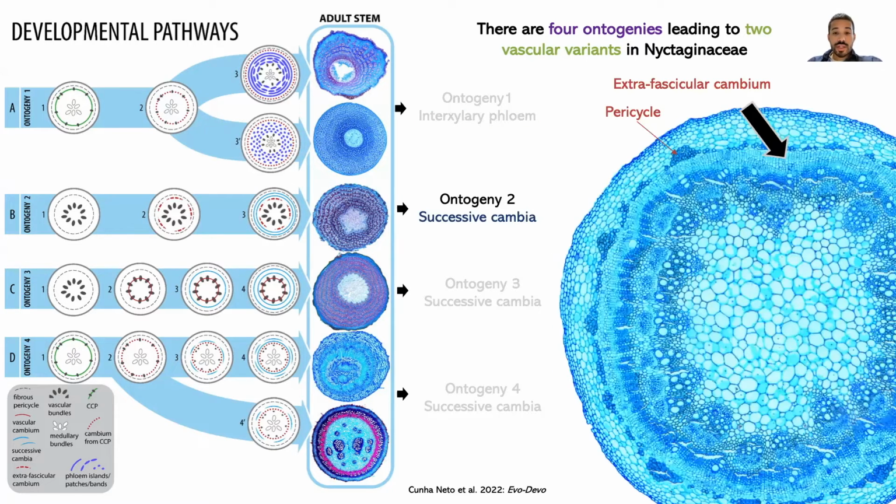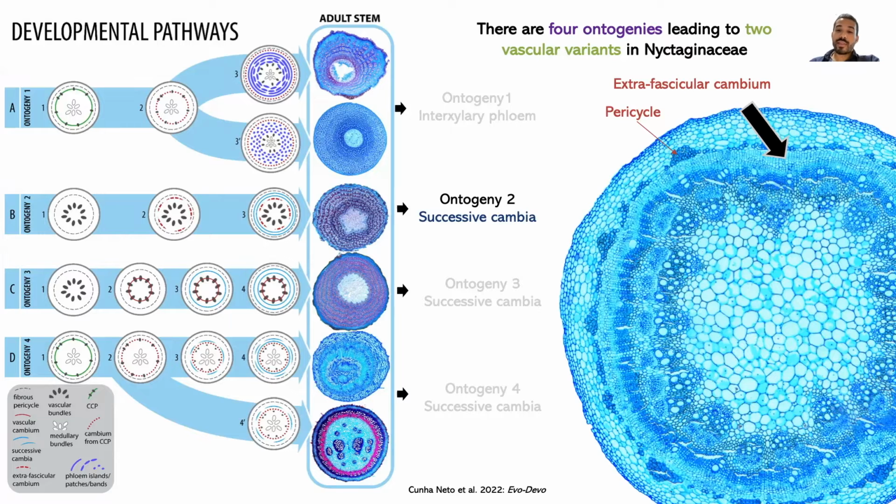The second ontogeny is classified as a type of successive cambia. In this case, stem ontogeny initiates with a regular eustele. So there are no medullary bundles in the pith. However, unlike most woody plants in which a vascular cambium would arise from the procambium of the vascular bundles of the primary vasculature, here we have a case of extrafascicular cambium, because that first cambium arises externally to the vascular bundles of that primary vasculature.